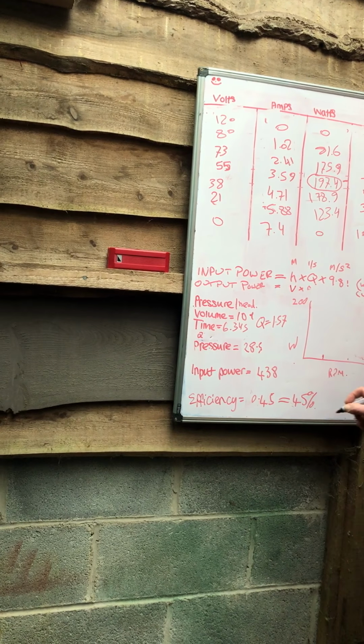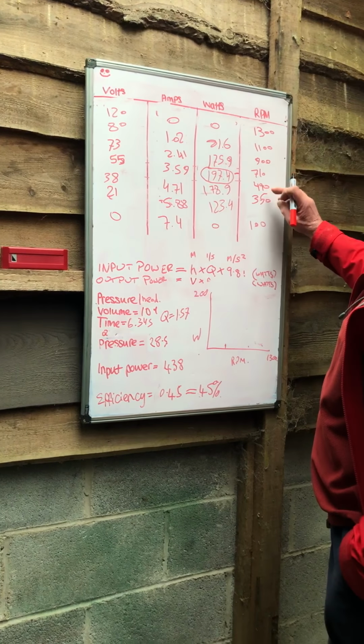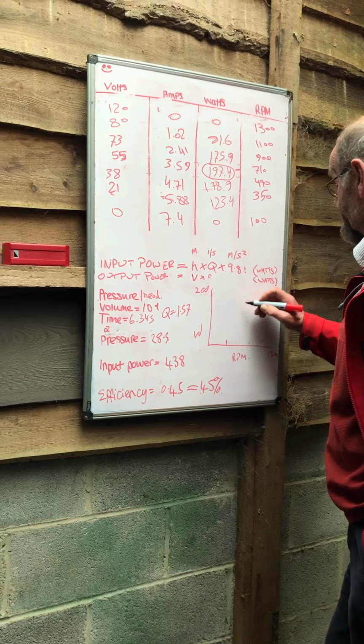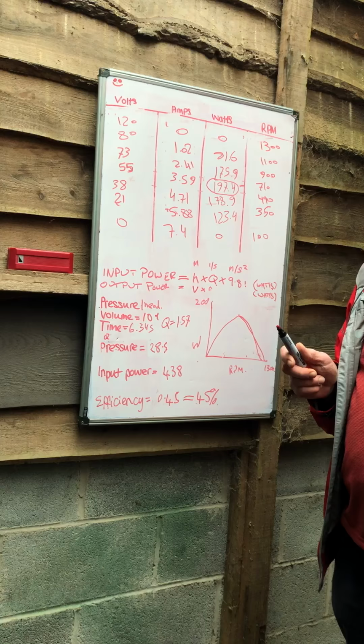We know that at 710 we've got a peak, but it's somewhere between those two, in the middle. We get a curve that shapes something like that. I would expect the peak to be at about 650 RPM.